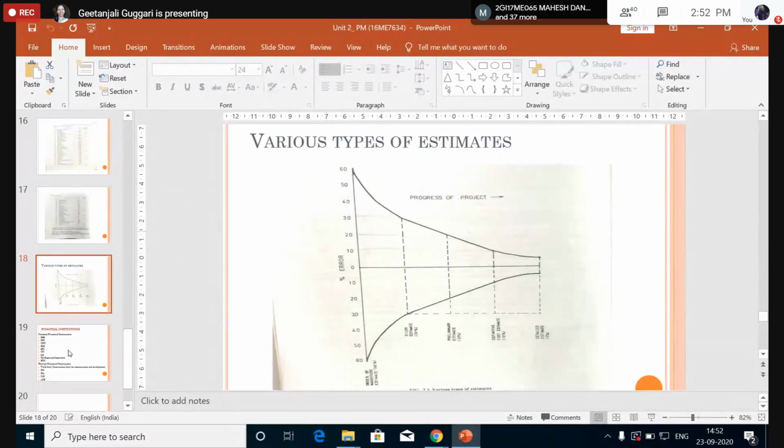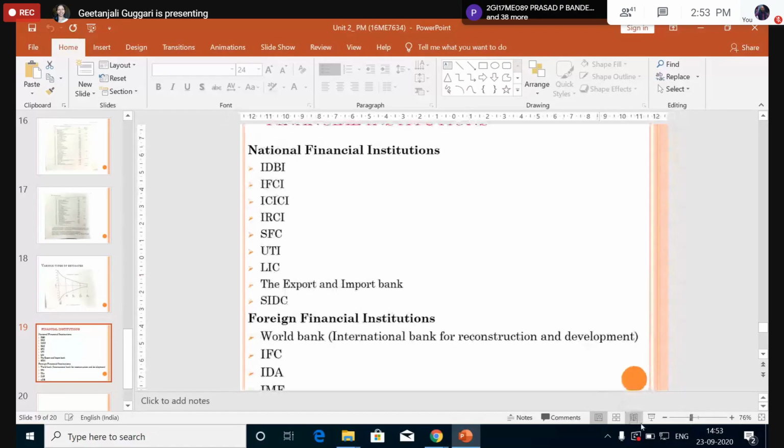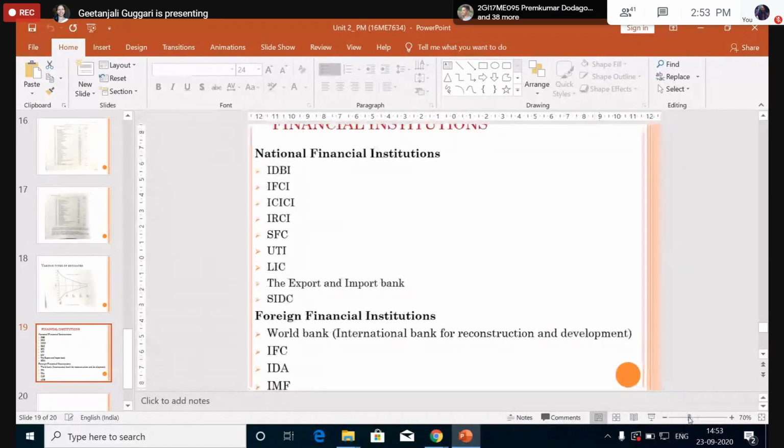Then, next we are studying the financial institutions which are helping. We are taking the assistance of all these financial institutions for completion of your project.